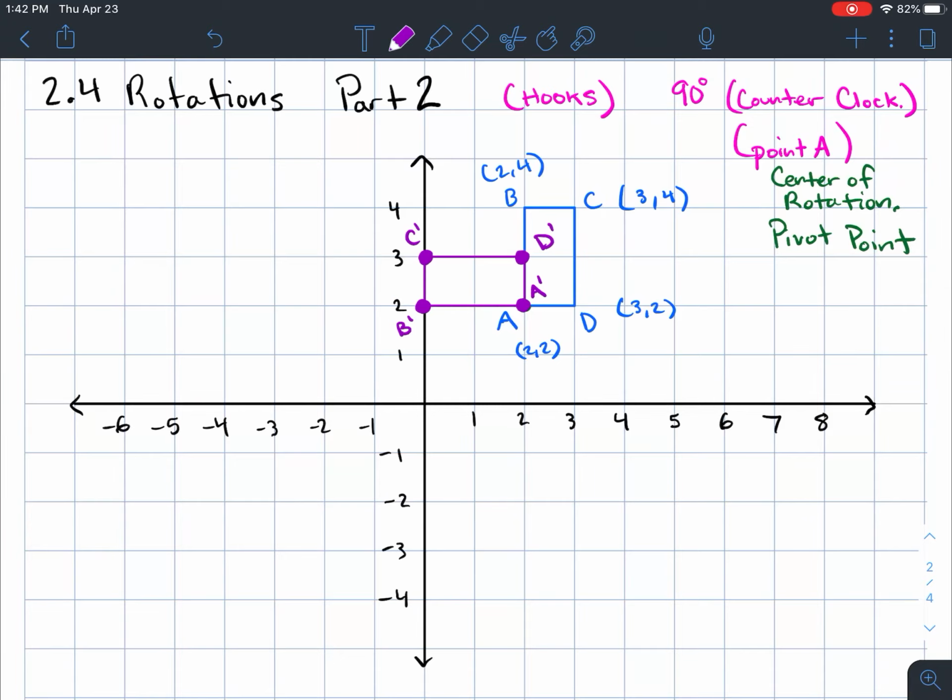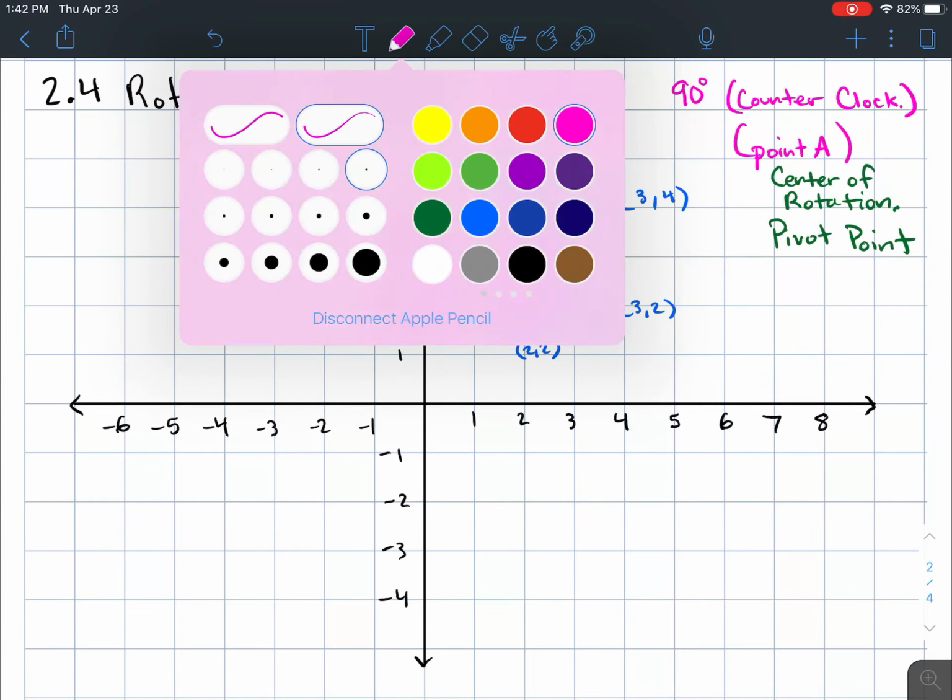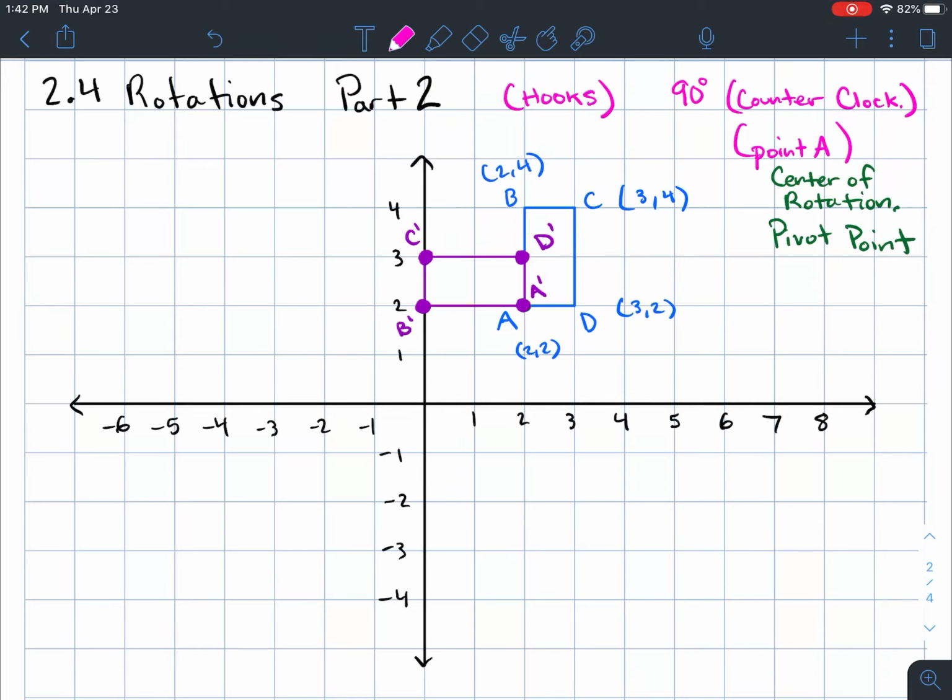The same rules apply. If you connect the points from their original position to their rotated position, you should get 90 degrees, right? From the center of rotation, so from here, let me highlight it. From here, B is going straight up, right?